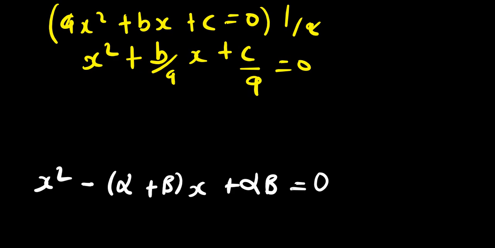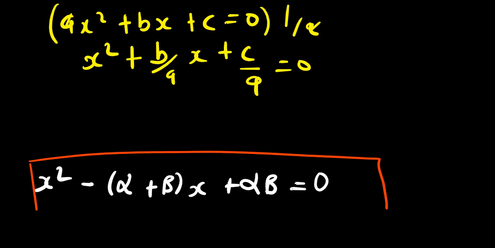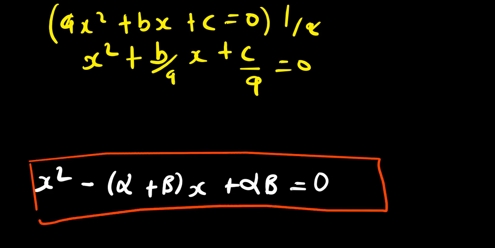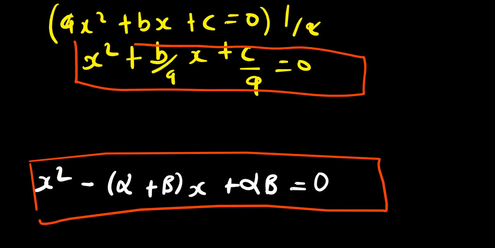Okay, now let's compare these two equations. The general equation that we've just found, in terms of the roots, and this one that is coming from the quadratic expression. So you're able to see that here you have an x squared, and that one also has an x squared. These ones are equal. But now this has a coefficient of x, and this also has a coefficient of x. So in this case, what are we going to say?